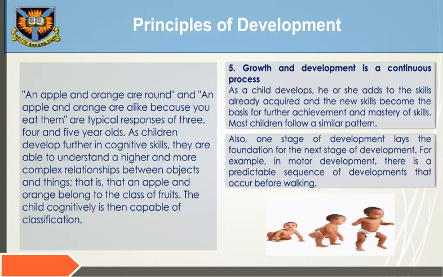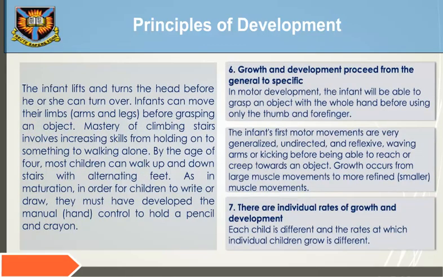For example, in motor development, there is a predictable sequence of development that occurs before walking. The infant lifts and turns the head before he or she can turn over. Infants can move their limbs, arms, and legs before grasping an object. Mastery of climbing stairs involves increasing skills from holding on to something to walking alone.